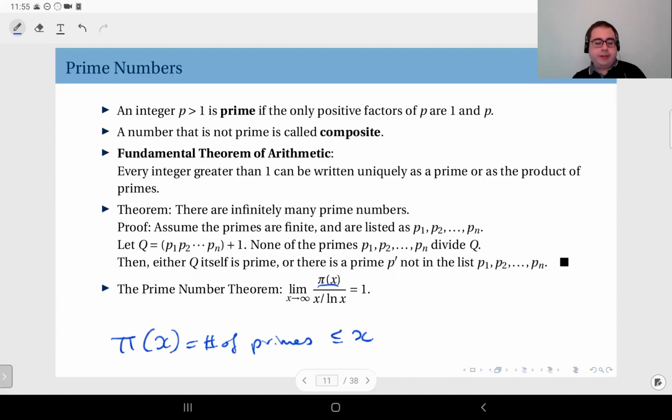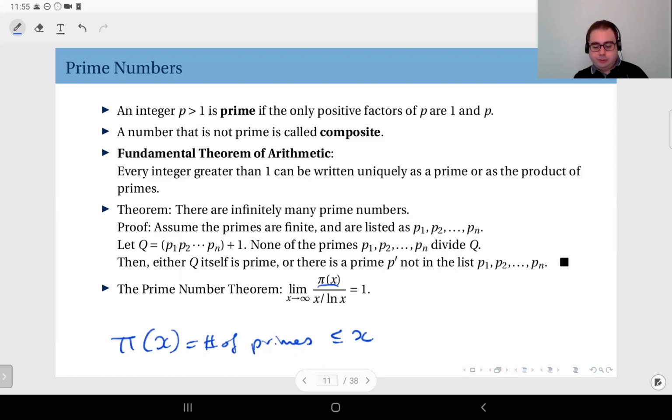We don't really know the exact value of the number of primes up to each number. However, we have a limiting result.